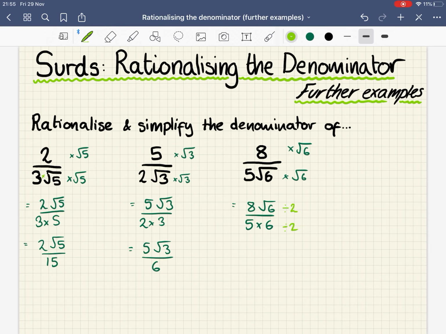So I know I can divide the top and the bottom by 2. So I've now got 4 root 6. And make sure when you divide the bottom by 2, when it's split like this, you only do it to one number. So I'm only going to divide the 6 by 2. So now I've got 4 root 6 over 15.